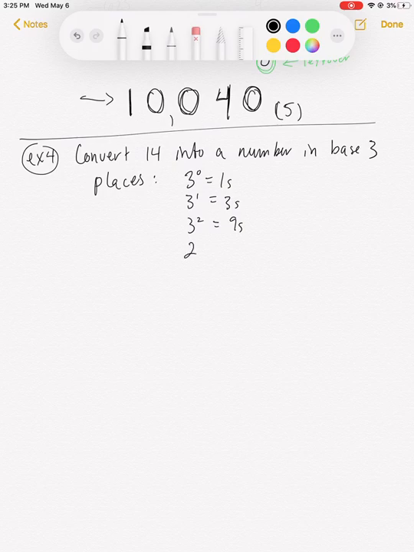Now 9 is still not big enough to go over 14, so I've got to keep going. 3 to the third is equal to 27, so we have 27's. Now notice that the 27 space is over the number. So we have at least one group of 9.